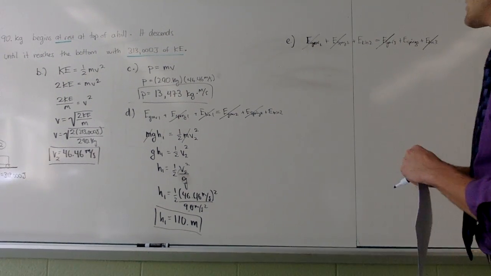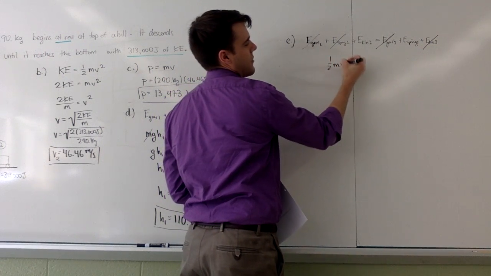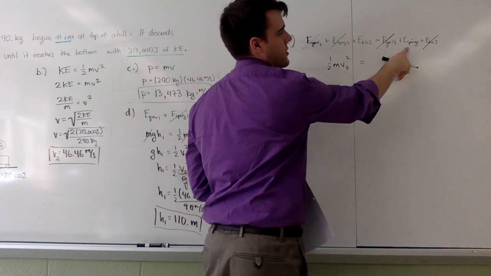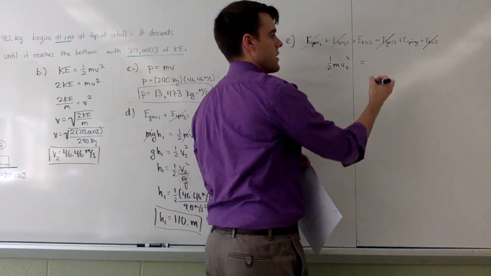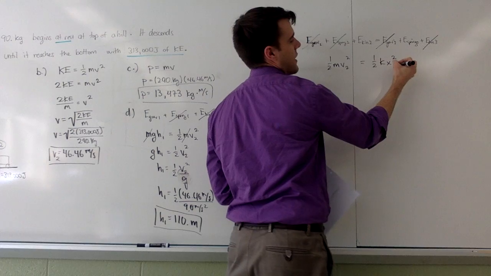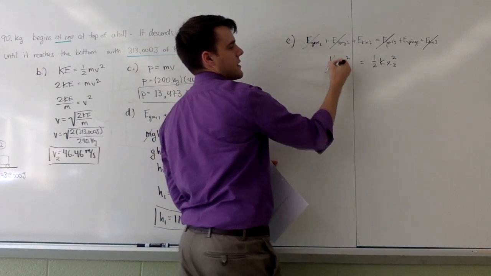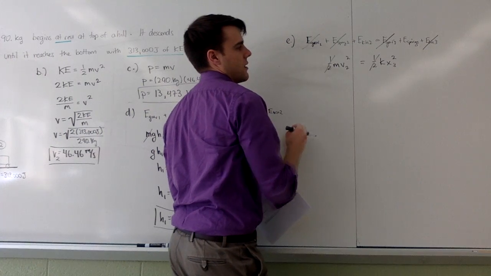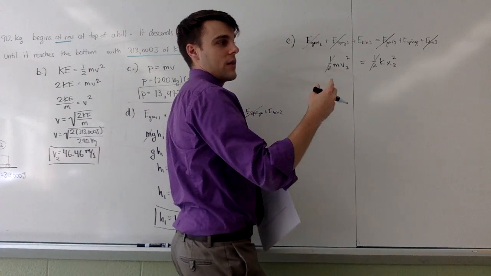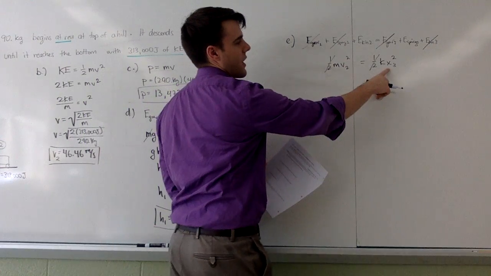So, subbing in my equations, I have 1/2 mv2 squared will be equal to my spring potential energy, which is 1/2 kx squared. And if I want, I could say k or x3. So I can see just by writing this, the 1/2 cancels. And since I'm solving this for the maximum displacement, I'm going to solve this for x3.